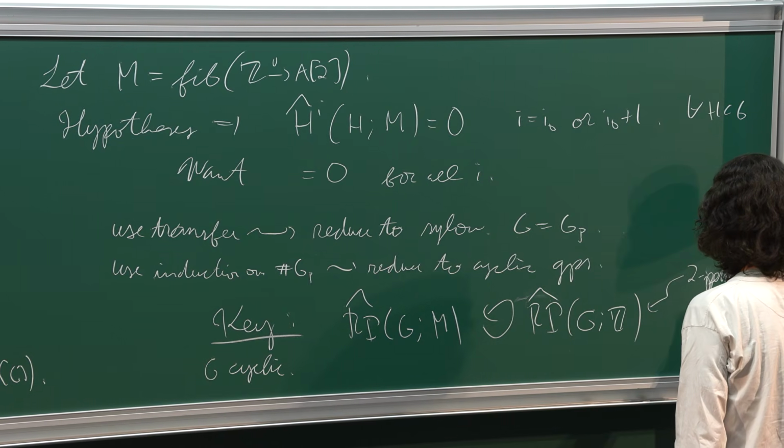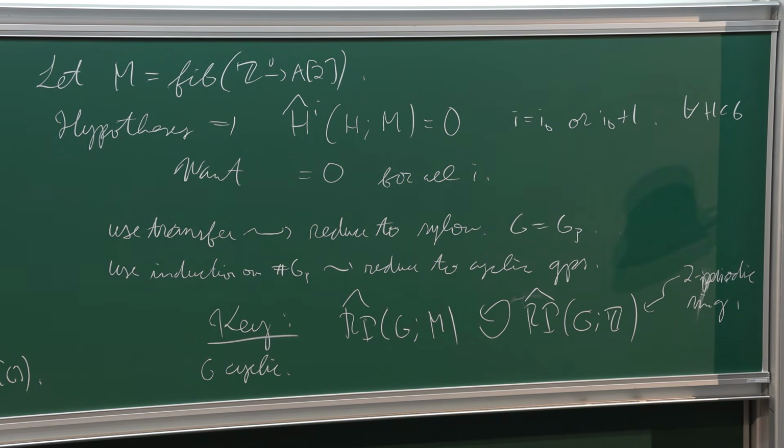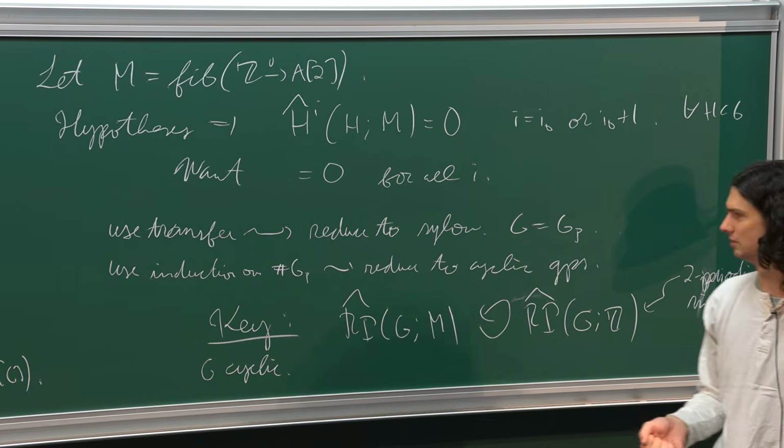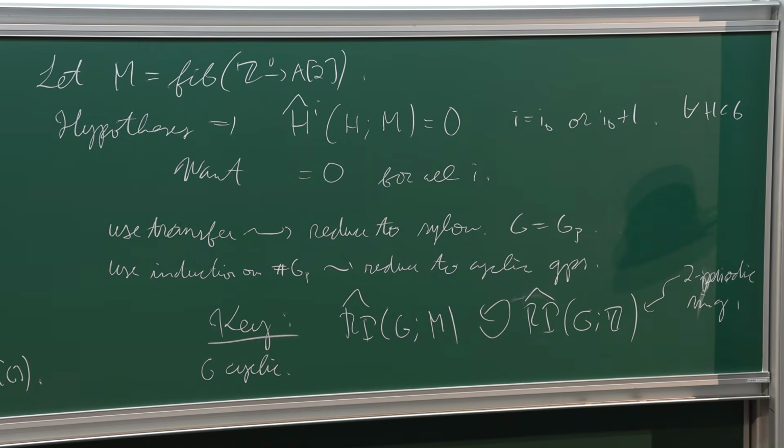So how does the reduction on the order of the group go? Let's say you know it for all proper quotients.